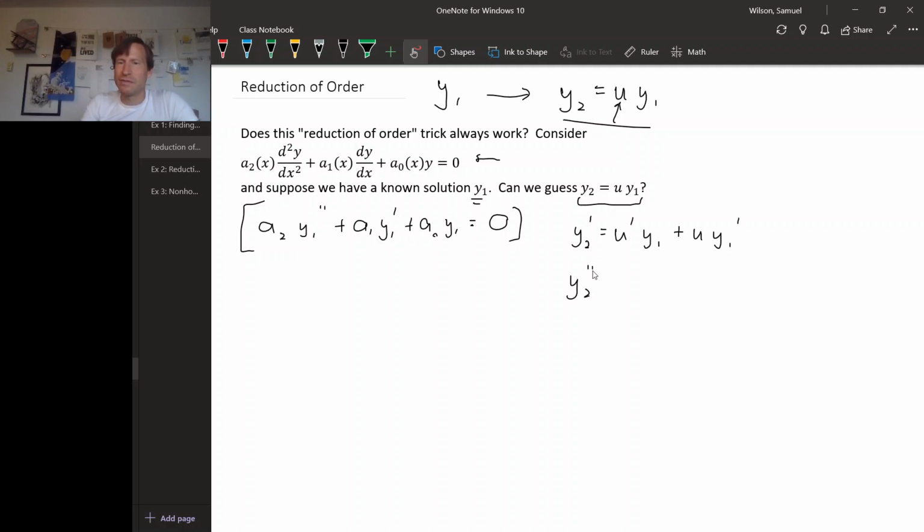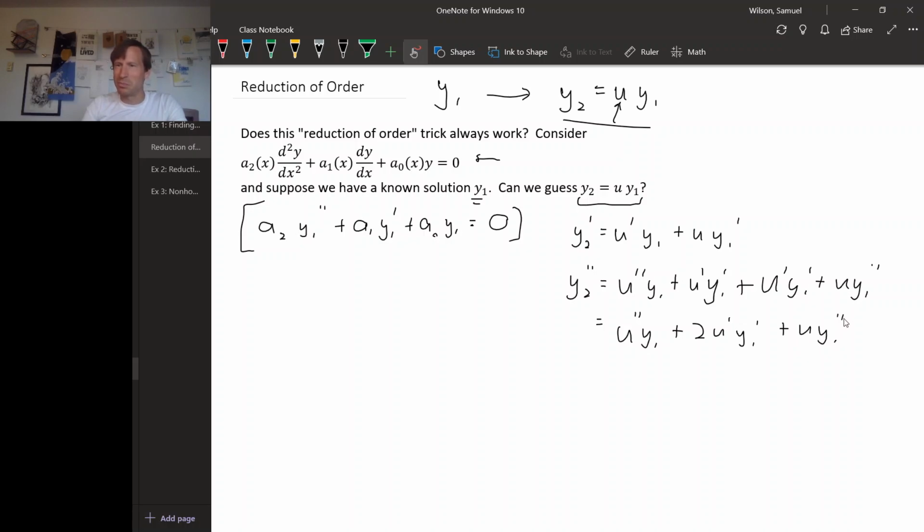And then the second derivative is going to be u double prime y1 plus u prime y1 prime plus, and now the product rule on the second piece, u prime y1 prime plus u times y1 double prime. And then we can combine those middle two terms. So we get u double prime y1 plus 2u prime y1 prime plus u y1 double prime.